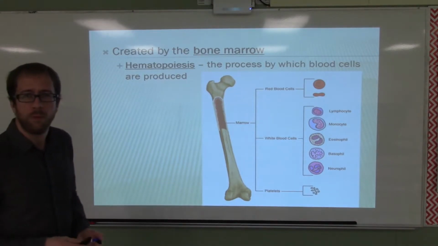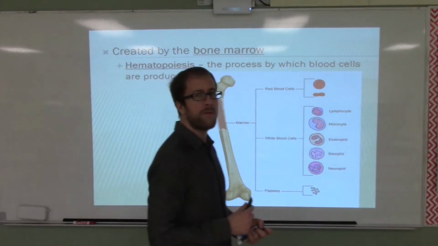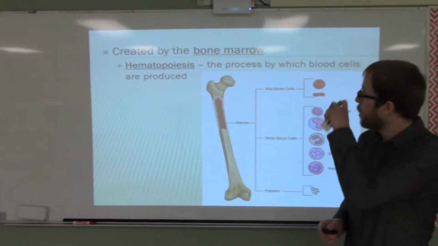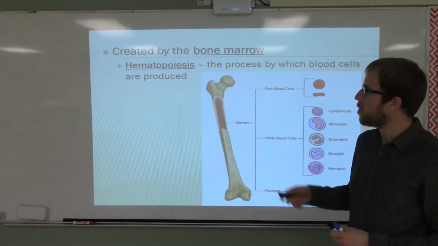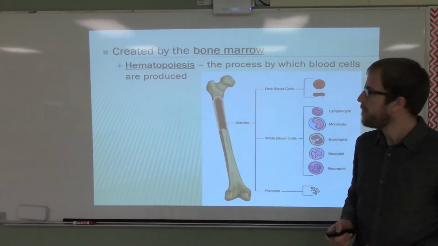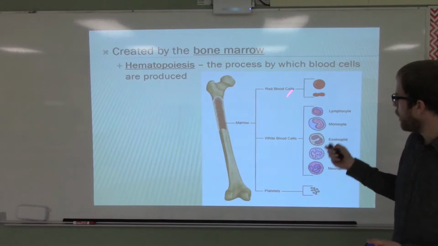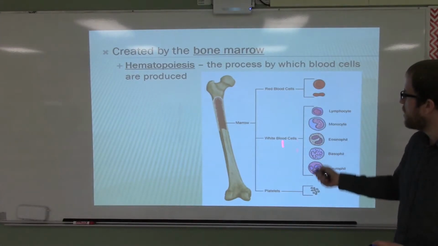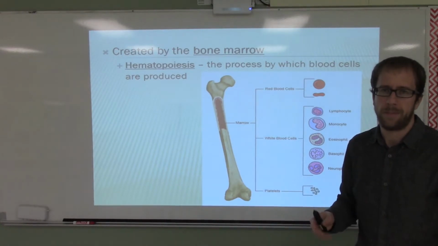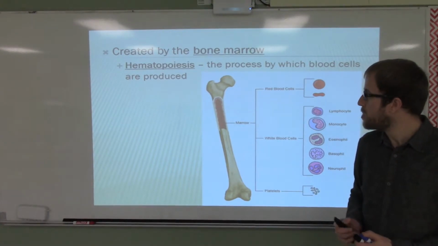Where are they made? Well, all of your blood cells are made in your bone marrow. And the process by which they are created is called hematopoiesis. Big sciencey word. And all of your blood cells are produced there, but not all of them mature there. Some do, some do not.